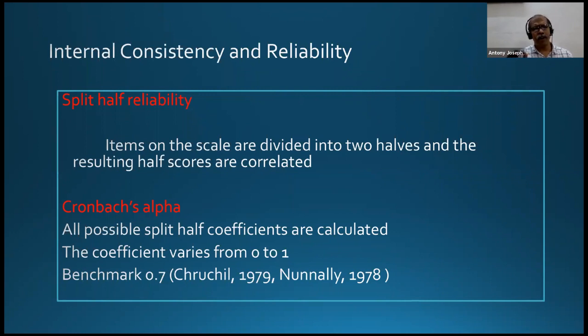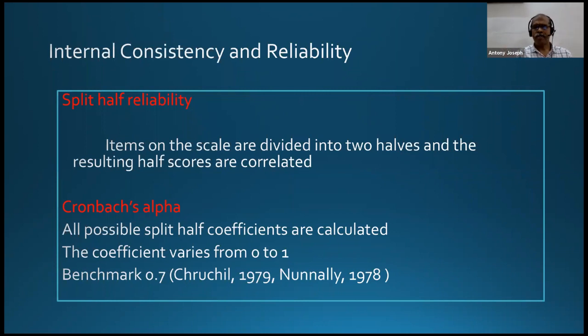Otherwise, if your Cronbach alpha is less than 0.7 and you send an article to a good journal, they will not accept your article. That's the important point to be remembered by you.